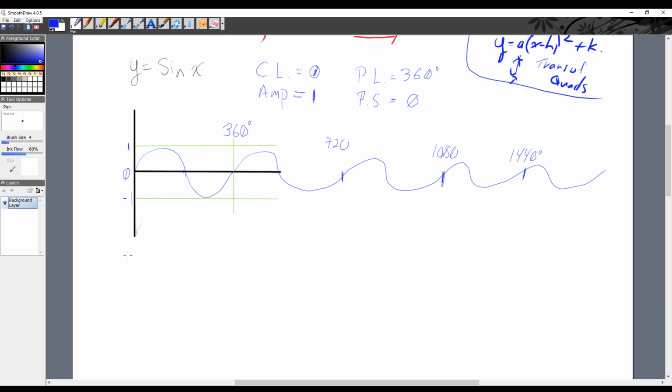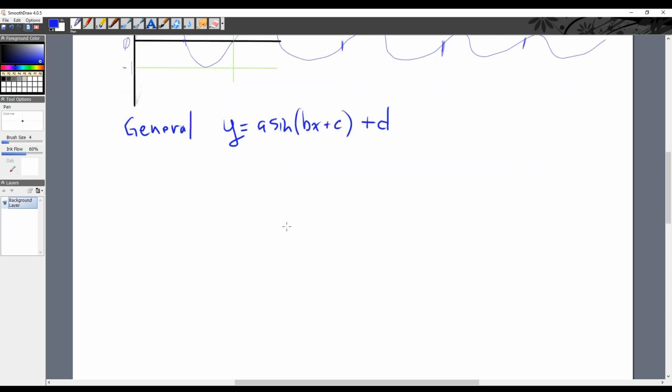So I'm going to write the general form, and that is y equals a sine of bracket bx plus c bracket, plus d.